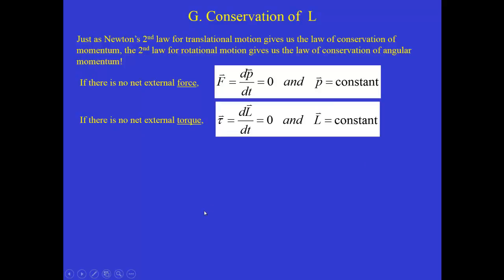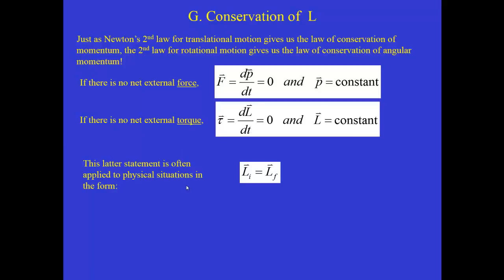And this gives us the basis for the law of conservation of angular momentum. The way that we will employ this in analyzing the results of collisions and other kinds of interactions between objects that can rotate is often to say that the sum of all of the initial angular momentum components is equal to the sum of all of the final angular momentum terms for a system.